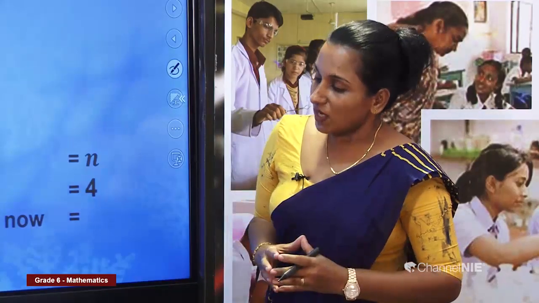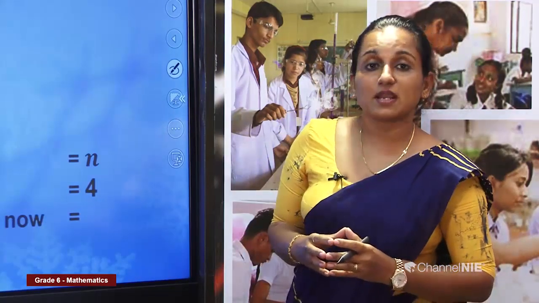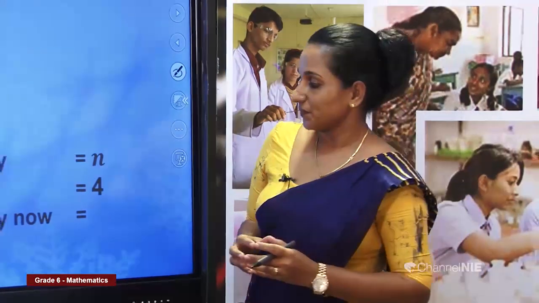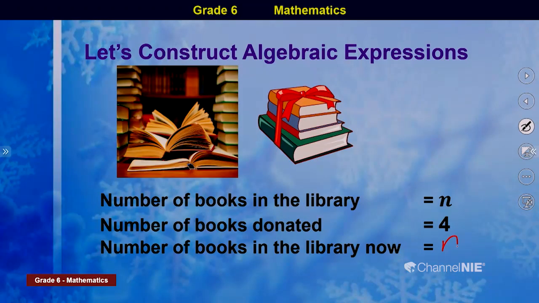Then what should we do to find the number of books in the library now? We had n books in the library initially. With my 4 books, I have n plus 4 books in the library.